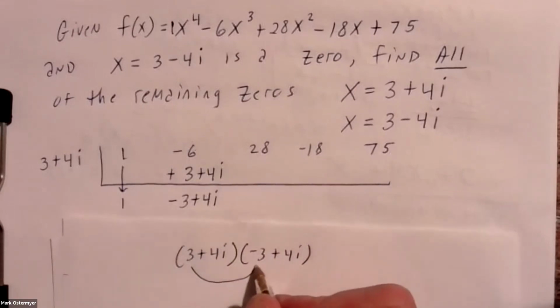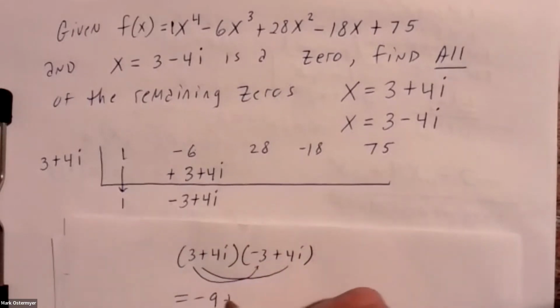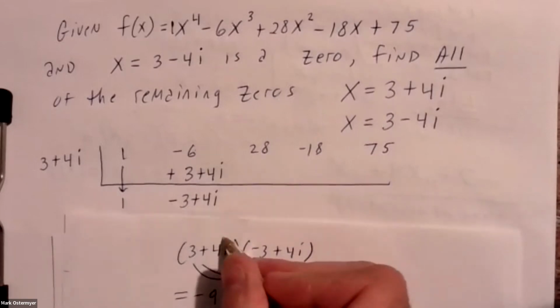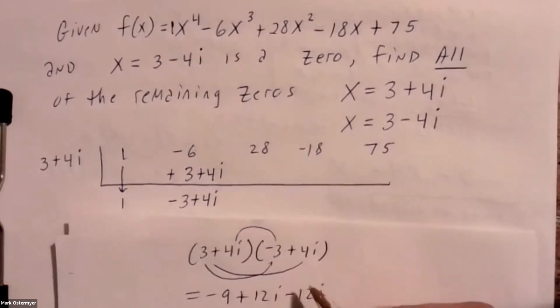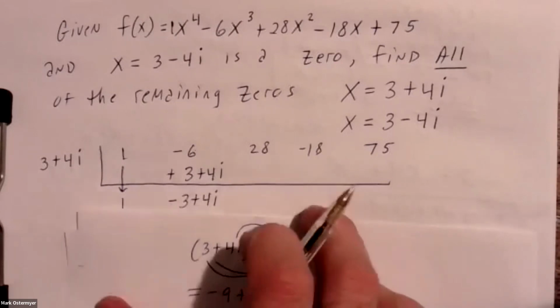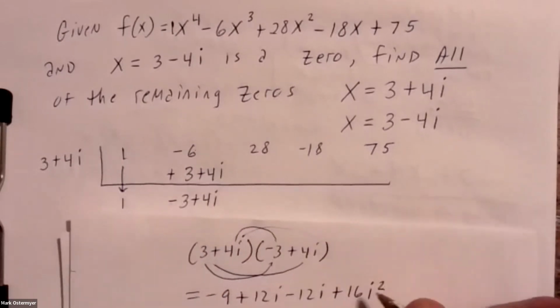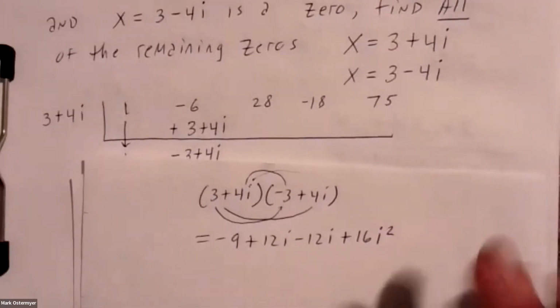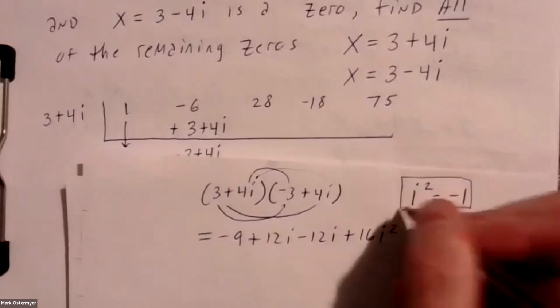So here we go. 3 times negative 3 is negative 9. 3 times 4i is plus 12i. 4i times negative 3 is minus 12i. And then 4i times 4i gives me 16i squared. But what's i squared? Recall i squared is negative 1.